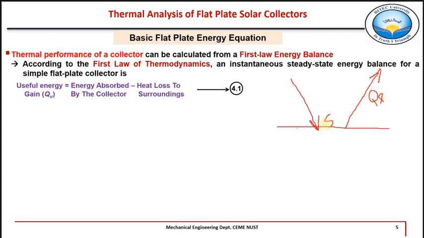So for example, that is Q loss, QL. So this is the input energy and that is the output energy or the loss. So this minus this is the energy which is stored here or which is transferred to the working fluid flowing through these pipes. If this absorber plate is our system, this is the system boundary.